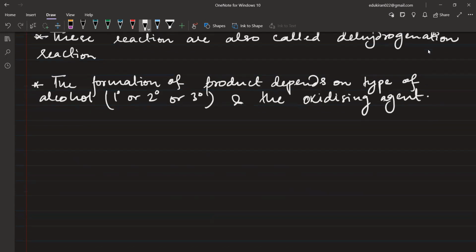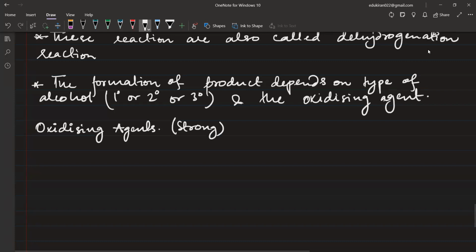Right, next. The oxidizing agents that we majorly use are, please write, oxidizing agents. All of these are strong oxidizing agents. First of all, aqueous or alcoholic or acidic KMnO4.